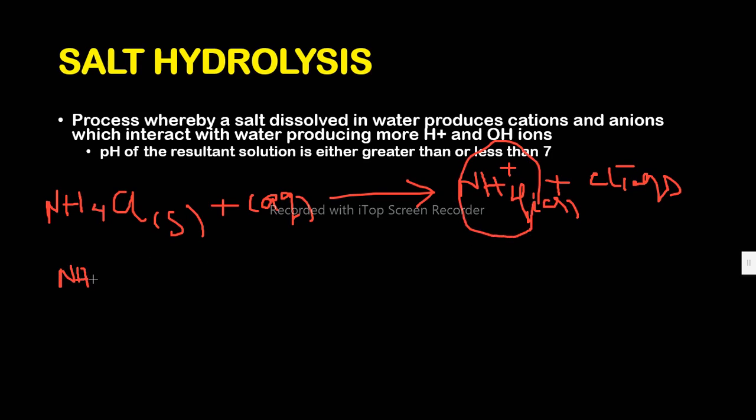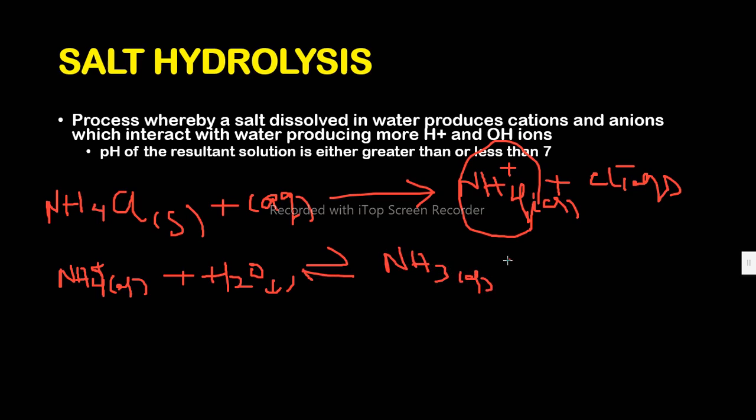The ammonium ions will react with water, since water is a solvent and is in large excess, to form ammonia solution, aqueous, and hydroxonium ions, H3O plus. And this equation is good.